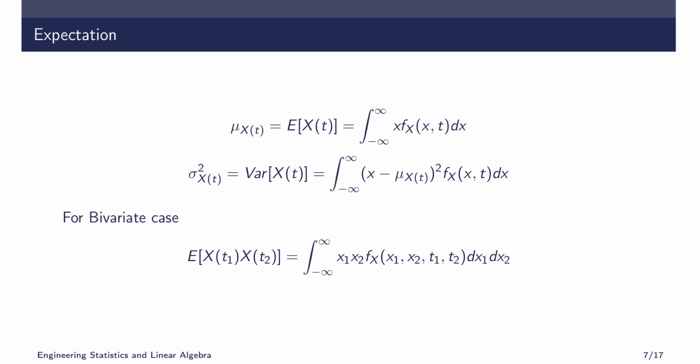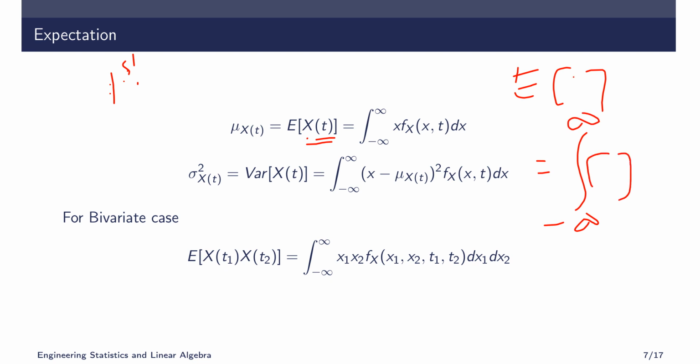So, the expectation of this. Now for example, for the univariate case or the first order distribution, the mean is given by the expectation of x of t. So we know the E operator is nothing but the integral from minus infinity to infinity of x into f dx.